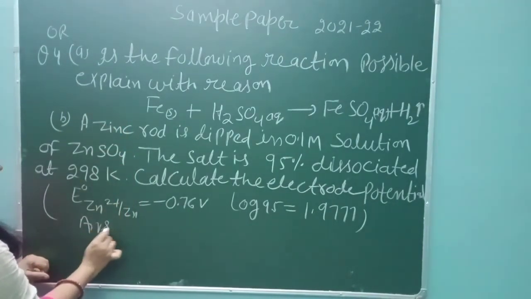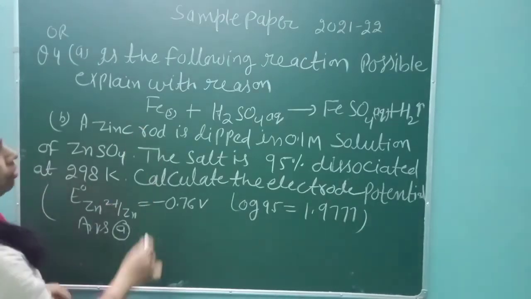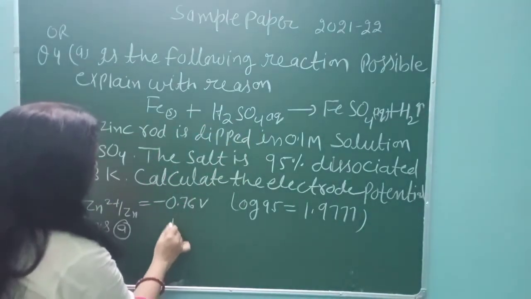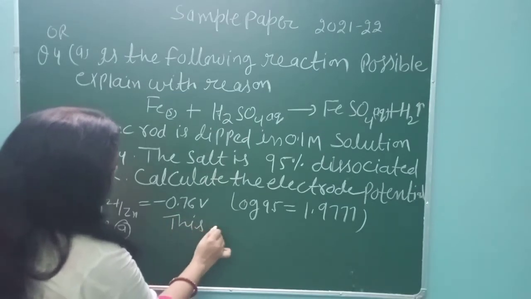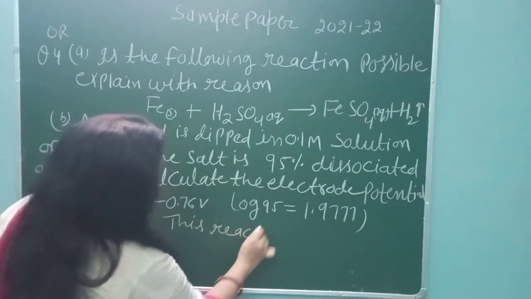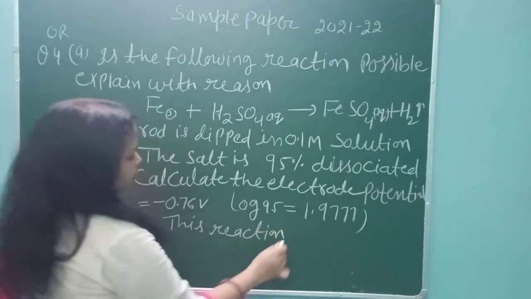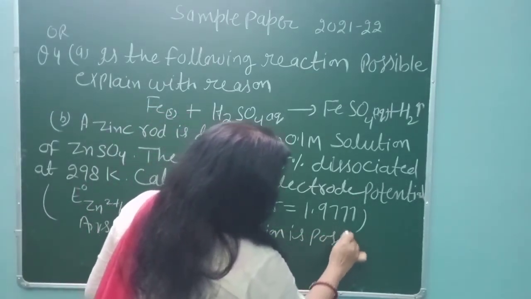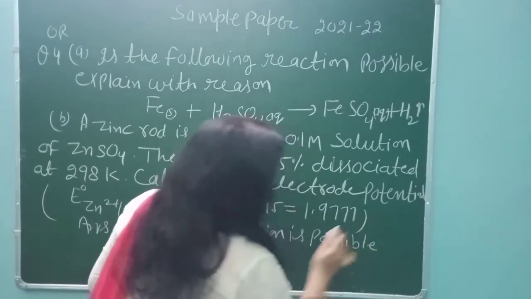The first question, how to write the answer? First, Fe solid plus H2SO4, this reaction is possible. This reaction is feasible. Feasible means possible. Why is this reaction possible?